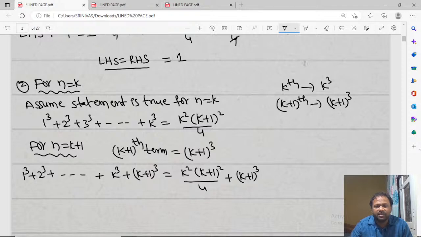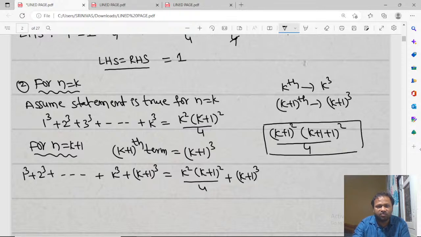Now after this, what we need to get is k plus 1 whole square into k plus 1 plus 1 whole square divided by 4. This is what we need to prove, the answer with n replaced by k plus 1.